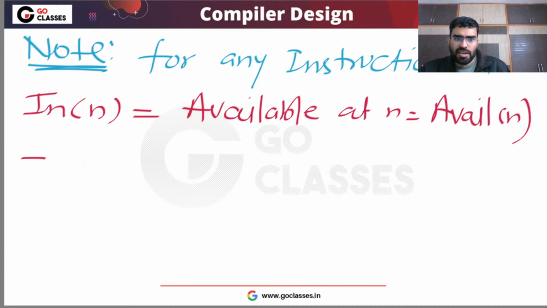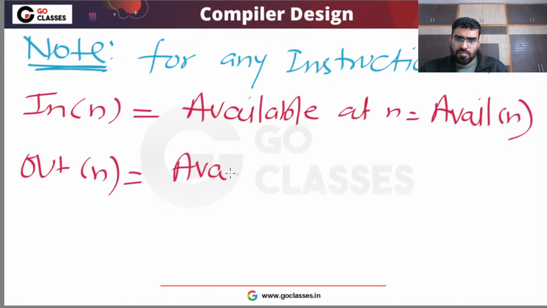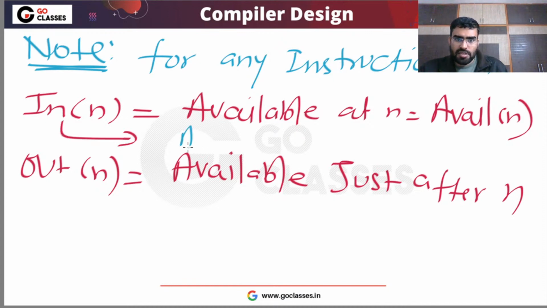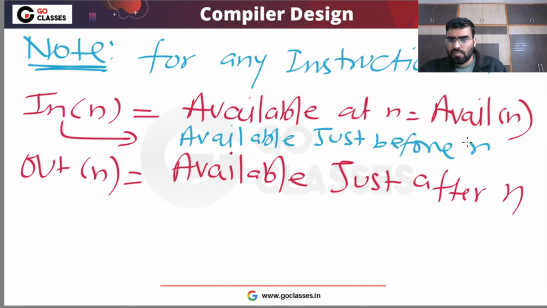You can very easily find out of n. Out of n is what is available just after n, and in of n means available just before n.